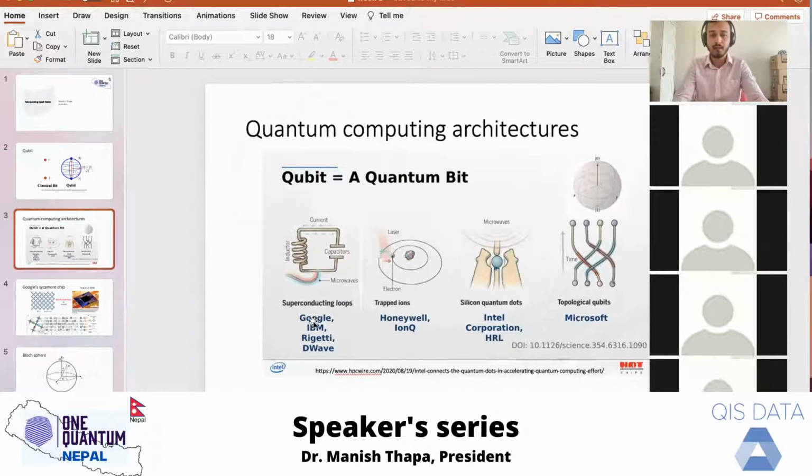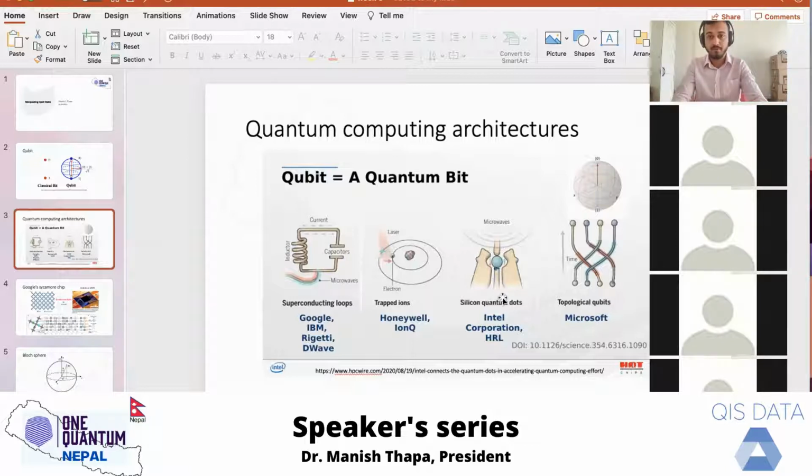Companies like Google, IBM, Rigetti, D-Wave use superconducting loops or superconducting qubits as their information processing unit. Companies like Honeywell, IonQ use trapped ions, which are basically natural ions that you find in nature. They use that as an information processing unit.